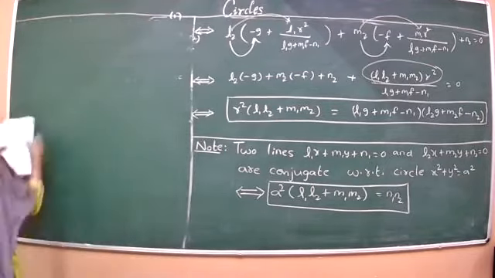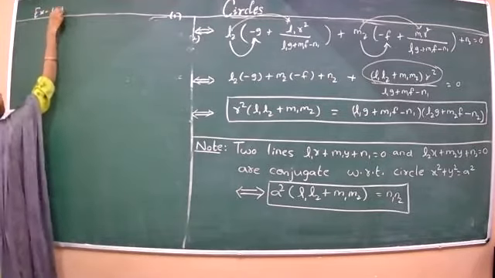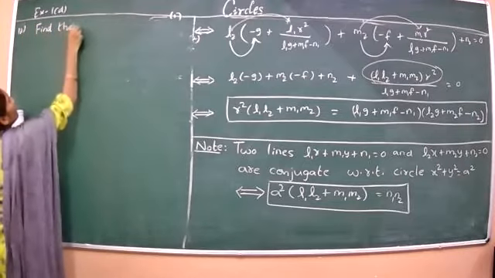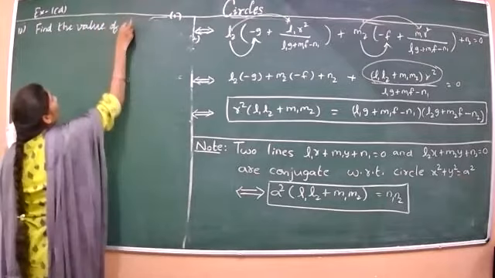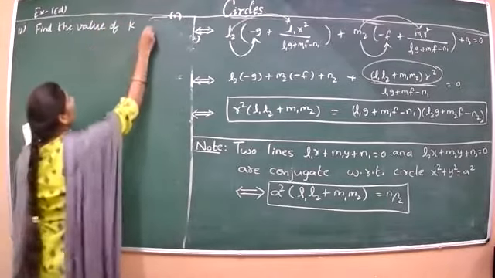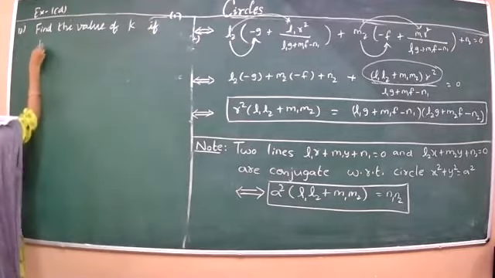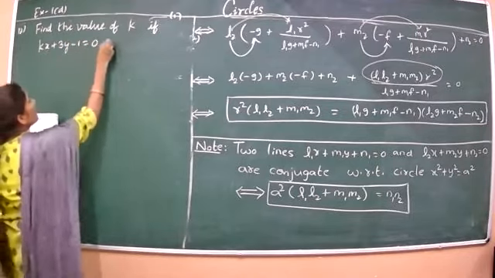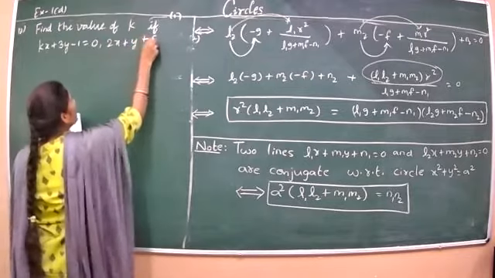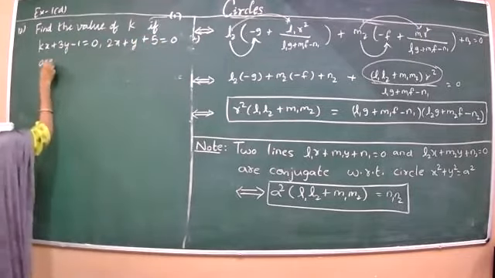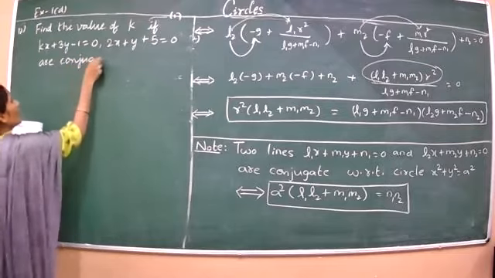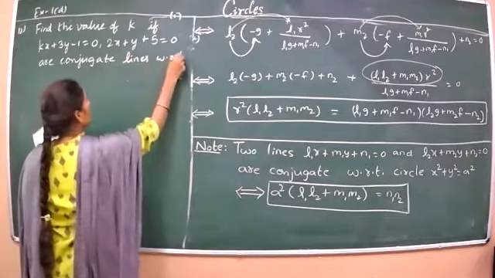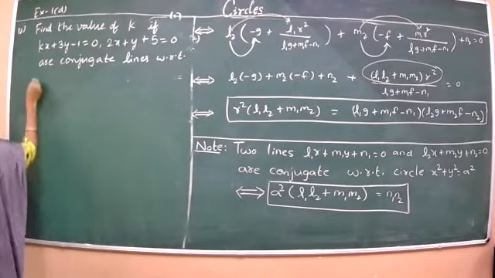Let us take a problem. Exercise 1D, 12th problem. Find the value of k, if kx plus 3y minus 1 equal to 0 and 2x plus y plus 5 equal to 0 are conjugate lines with respect to a circle.